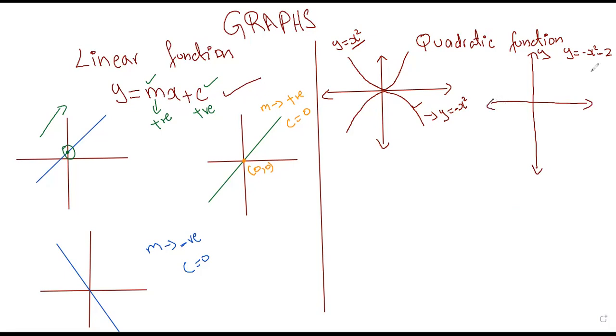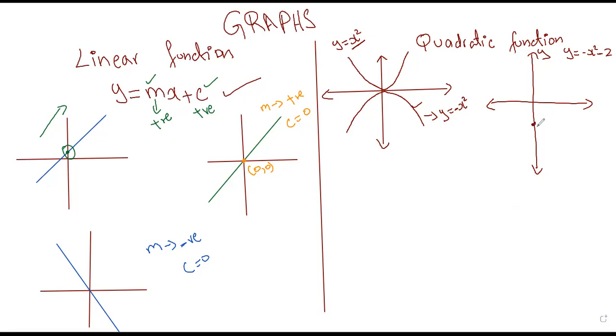All right. Now tell me, how would the graph look like? Minus 2. So if it's minus 2, that means it will move down 2 units over here, right?